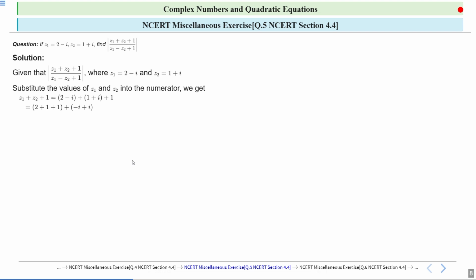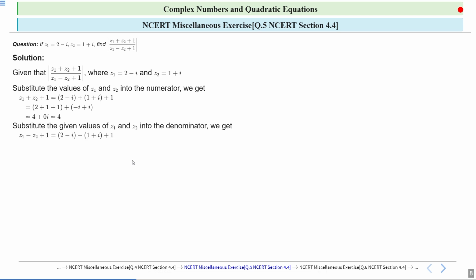For the real parts, we have 2 + 1 + 1, and for the imaginary parts, we have -i + i. Notice that the imaginary parts cancel each other out, so the numerator simplifies to 4 + 0i, which is just 4. This means the numerator is a real number with no imaginary part.